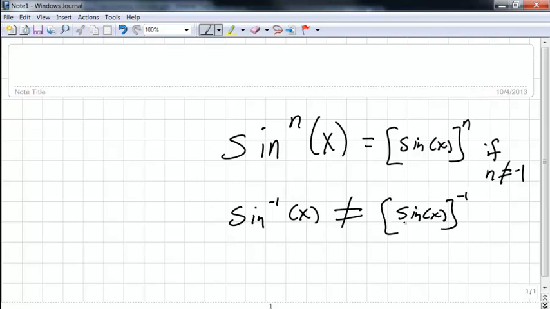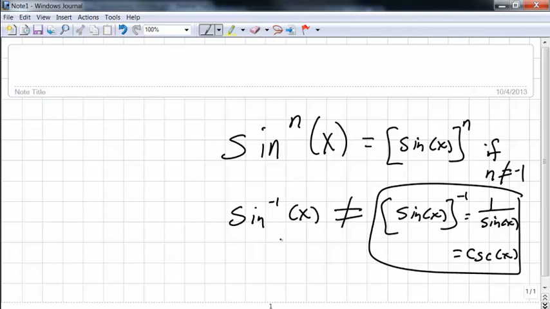What is sine of x to the negative 1 power? Well, that's 1 over sine of x, which we would write as cosecant of x. So this is the cosecant of x, and this is the arcsine of x. And of course, those are two very different things. But unfortunately, this notation looks like sine squared or sine cubed.